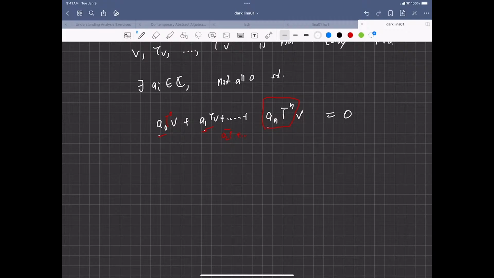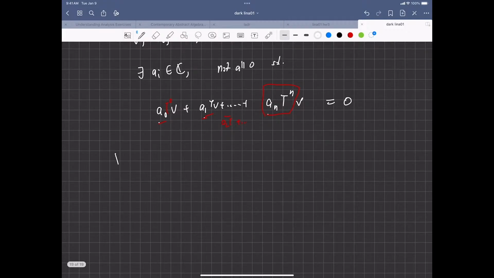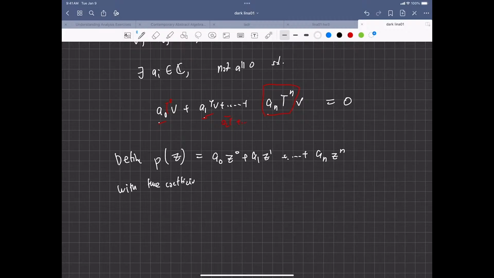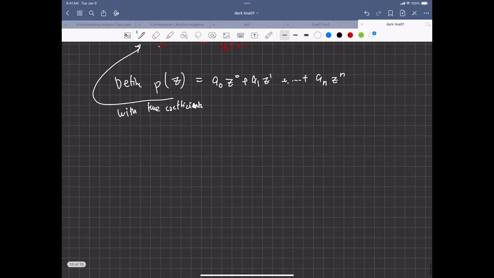This looks very much like a polynomial, right? So define a polynomial with these coefficients. This is not constant.